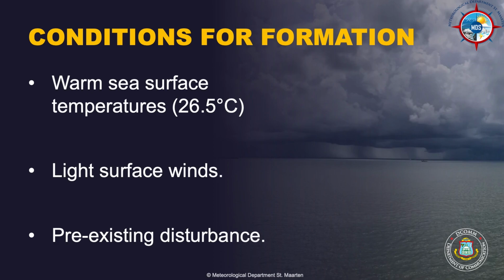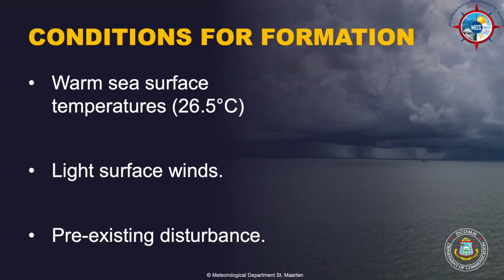Once it has the light winds and the warm sea surface temperatures, that's all it needs to make the mixture to bake into a hurricane or a storm. So the three ingredients, remember that? There are others, but these are the main ones: light winds, sea surface temperatures from 26.5 degrees and above, and the pre-existing disturbance or a thunderstorm area.